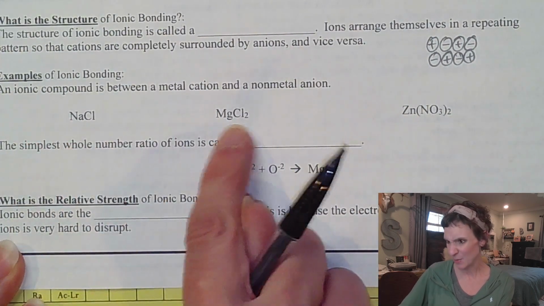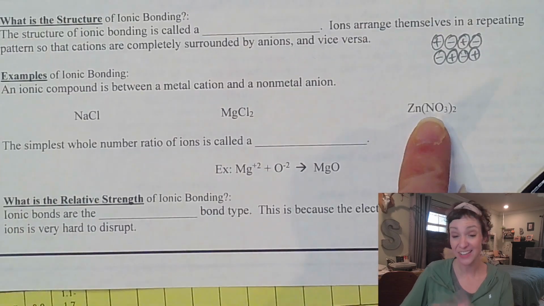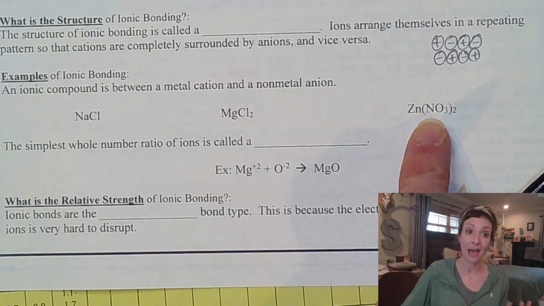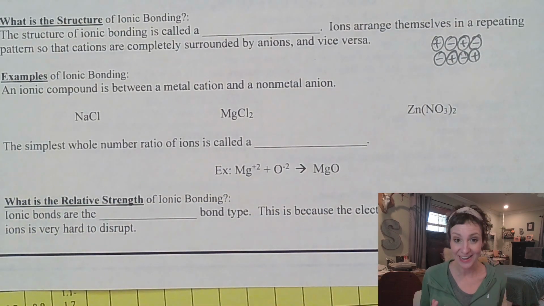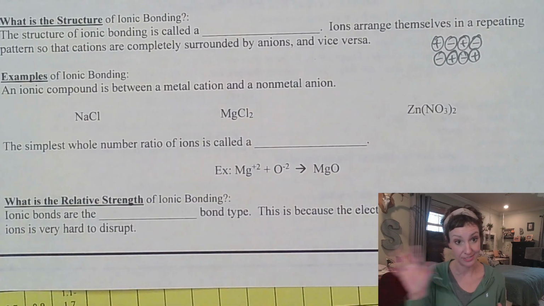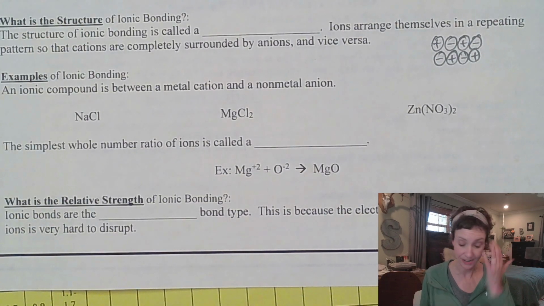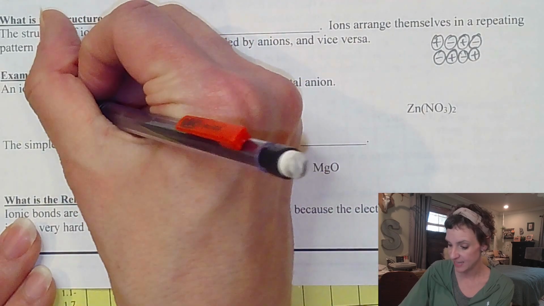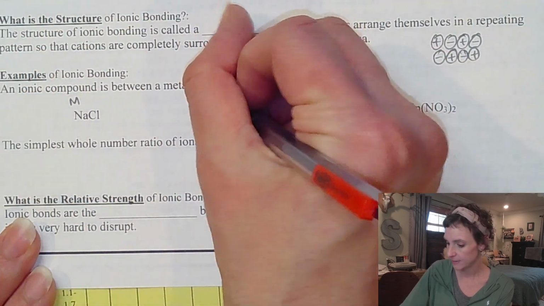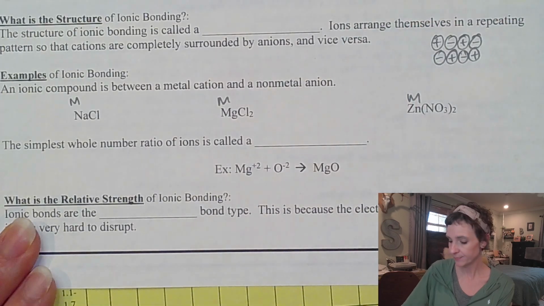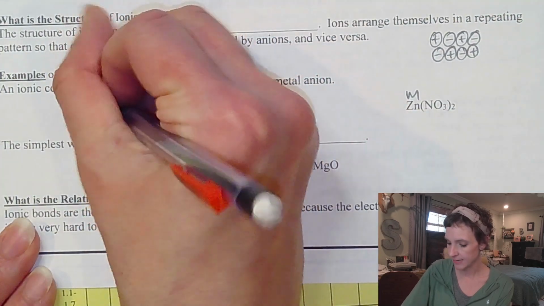We said that the number of each type of ion is given depending on what is required in order to create a neutral charge, the same amount of positive as there is negative. So in each one of these compounds, I see the metal written first, right? And then I see the non-metal written second.